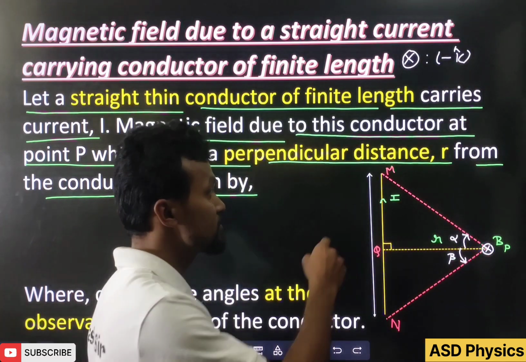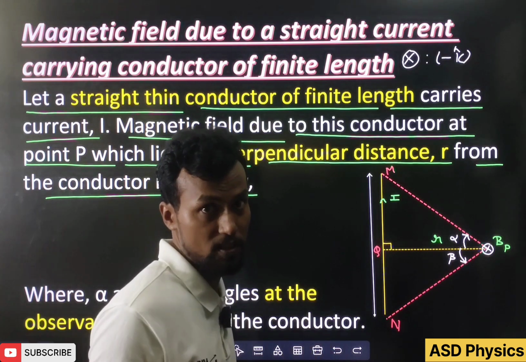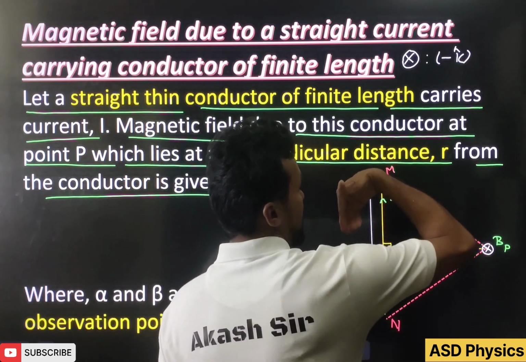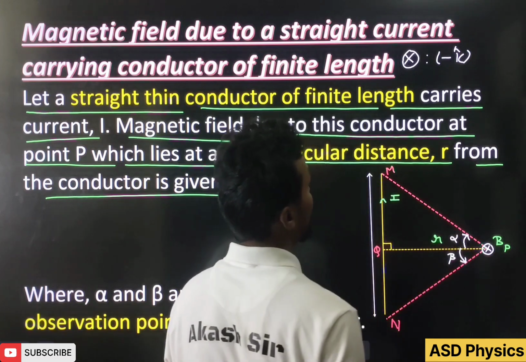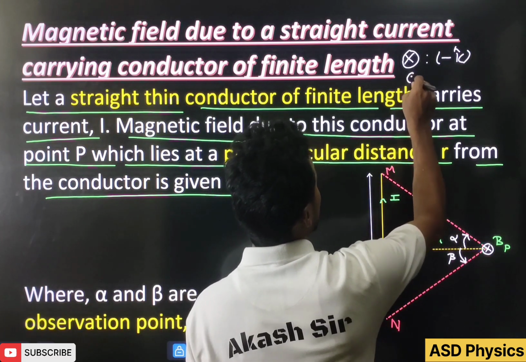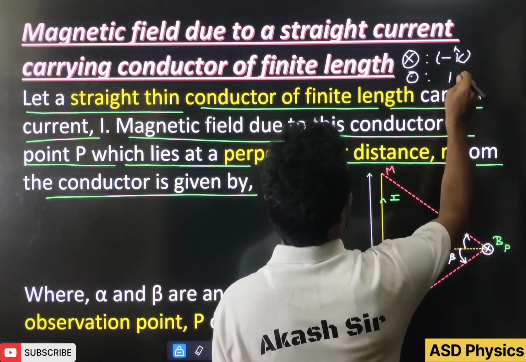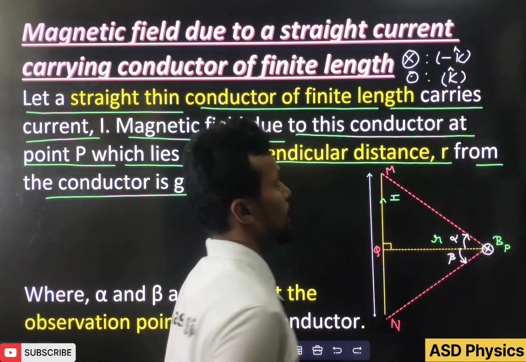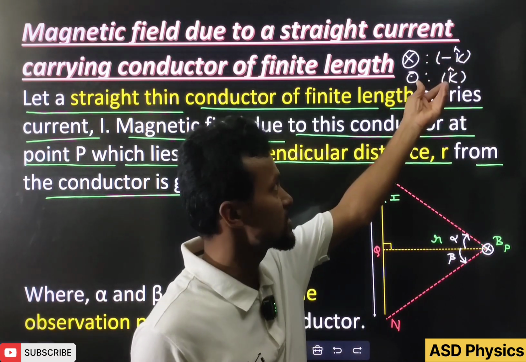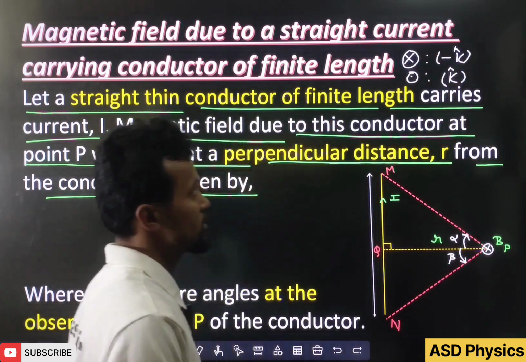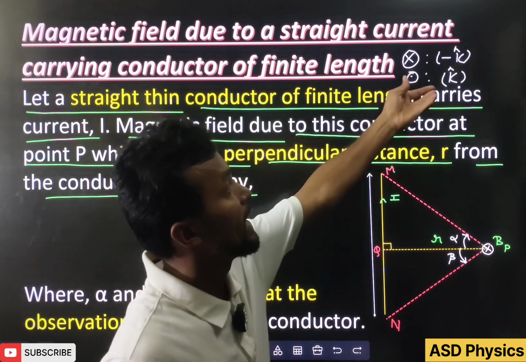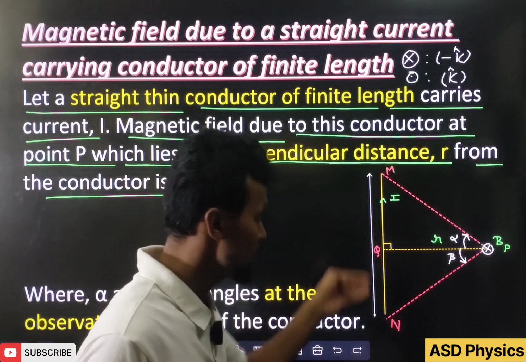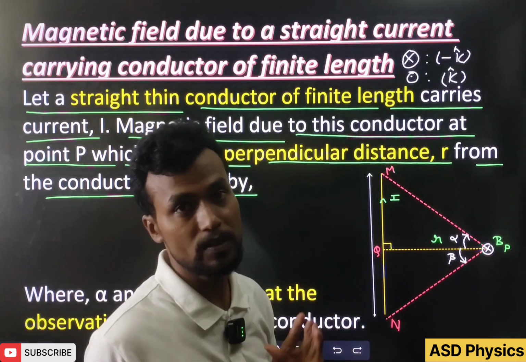Similarly, if the current is flowing in downward direction, then all my fingers downward, palm towards the observation point, then you can see the thumb is coming outside. In this situation a dot will be there, and this is called K cap. Minus K cap means along negative z direction, K cap means along positive z direction. Minus K cap is possible when the current is going upward, and plus K cap is possible when the current is going downward. So this basic should be clear.